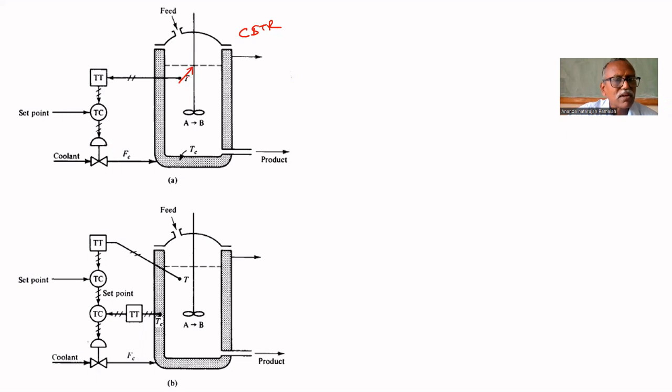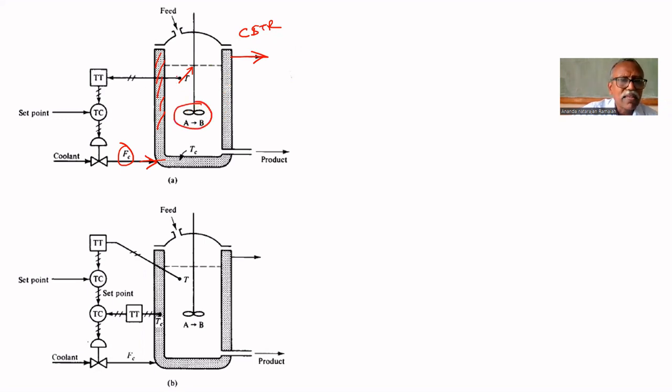To keep the temperature constant, we have to use the coolant to remove the heat. The coolant will enter here into the jacket, and it will leave from the jacket here. That's how it takes away the heat generated by this exothermic process.